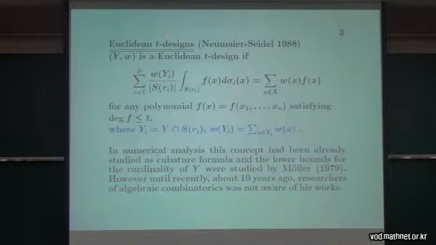They defined this in a paper in 1988 without knowing the result from numerical analysis, where such a concept had already been studied as cubature formulas. The lower bounds for the cardinality of Y were studied by Möller in 1979, maybe a little earlier, but until about 10 years ago we didn't know his result.